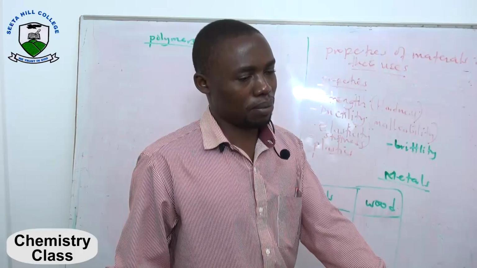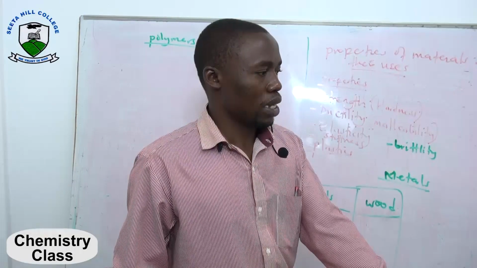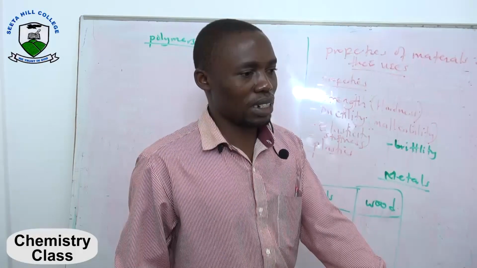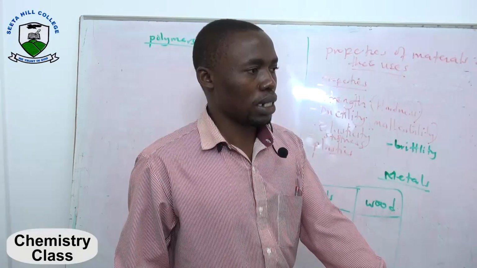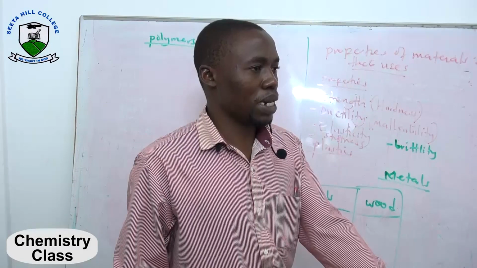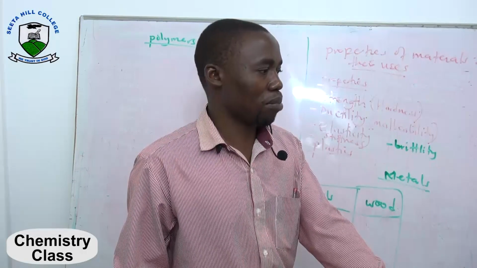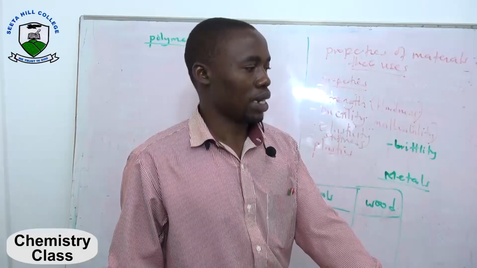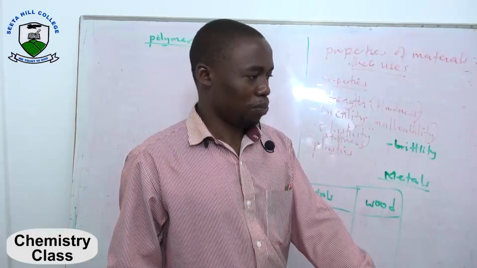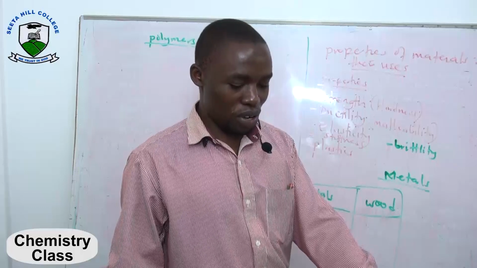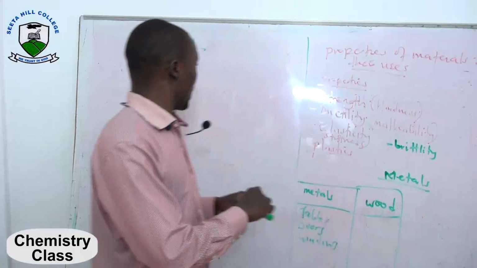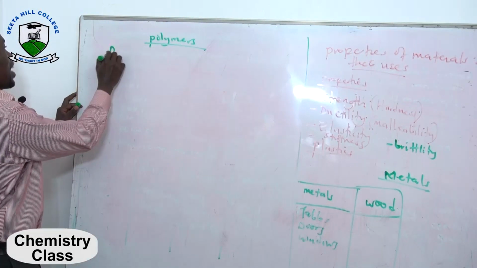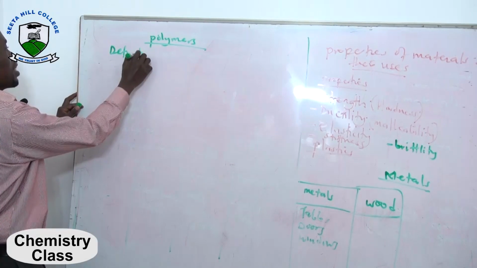So a polymer is a substance that is made from many other small substances. Many smaller substances. Now, we shall be a bit more specific to define a polymer.